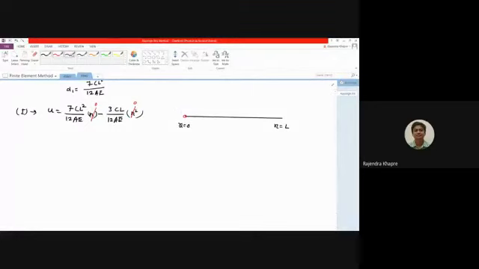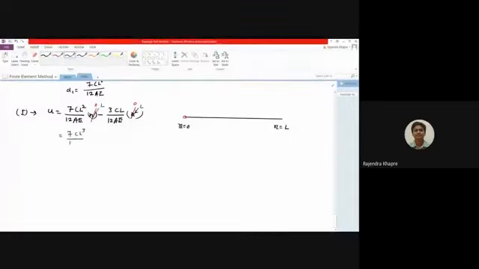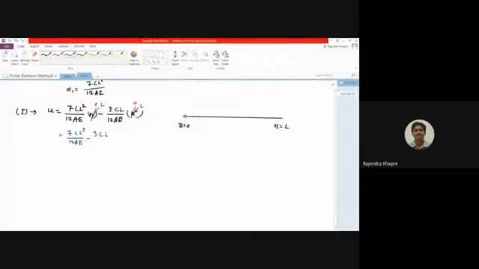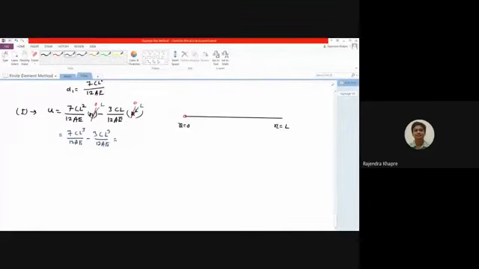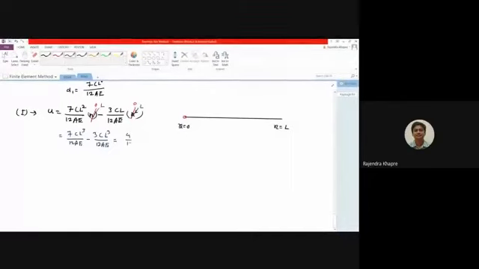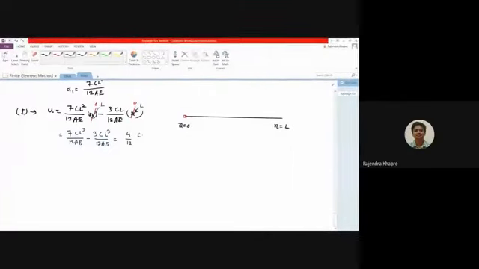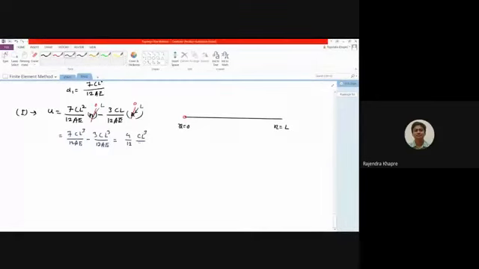Now if you substitute the value of x as L, so I am going to put L over here. What is going to happen? You are going to get 7CL cube divided by 12 times AE, minus 3CL cube one more time, because this is x square so this will become L square, divided by 12 times AE. If you solve this, this is 4 by 12 CL cube divided by AE.